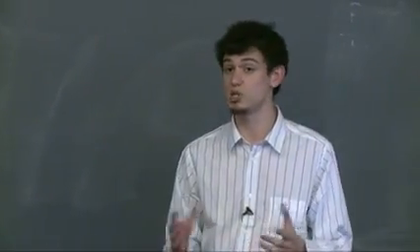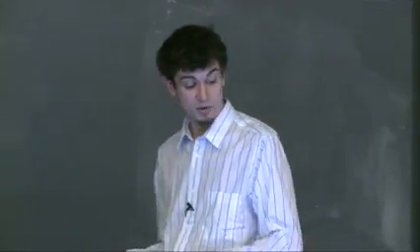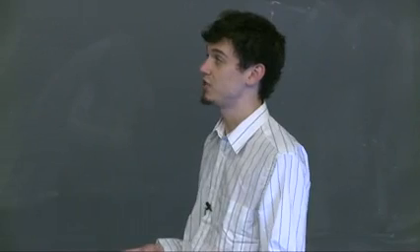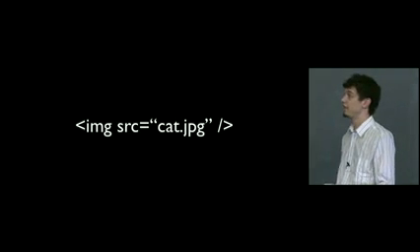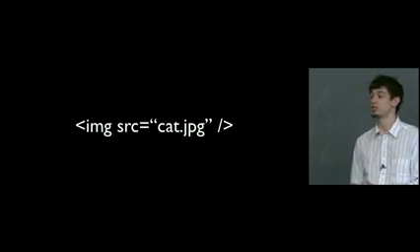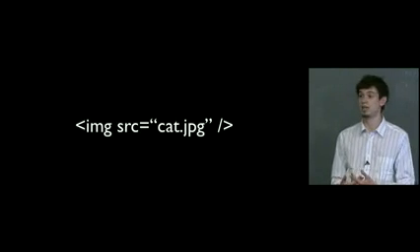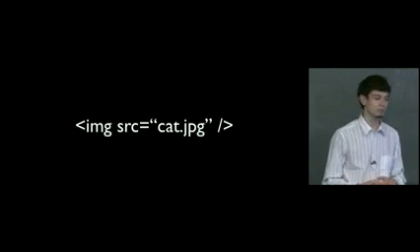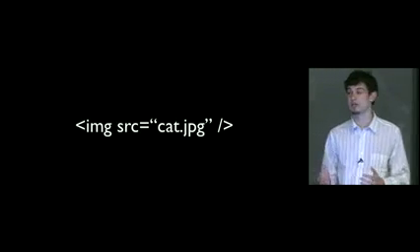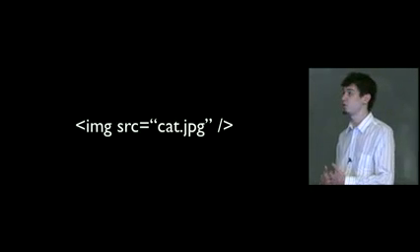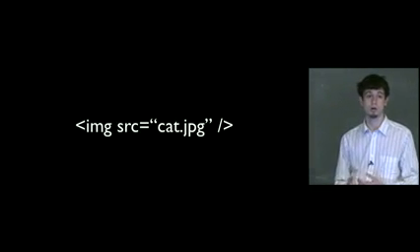HTML just lays out a set of rules for you as the website developer and as the web browser, such that if the web browser sees an image tag with an attribute of src, then that's how the web browser knows that it should display an image located at that location. So this is just the standard set of rules that other smart people wrote, and we're just going to follow them in order to create our web pages.